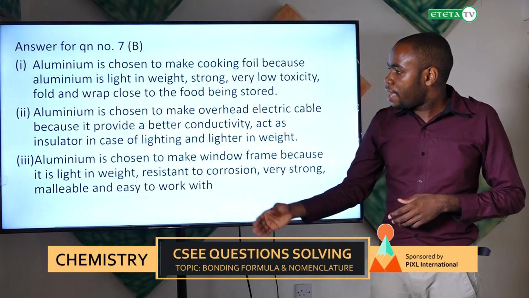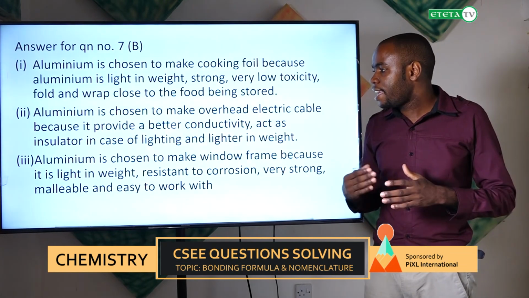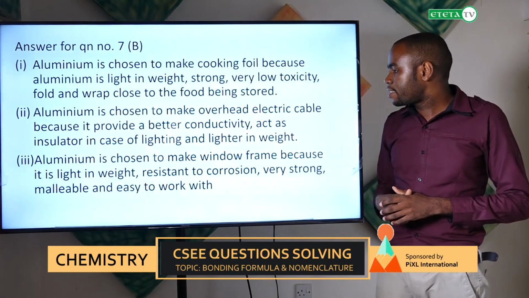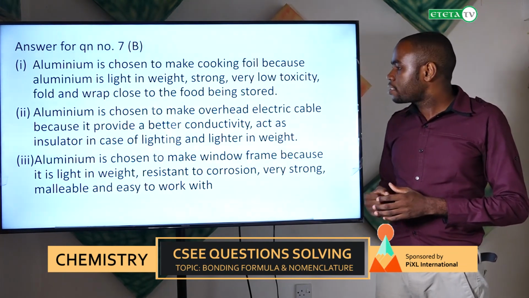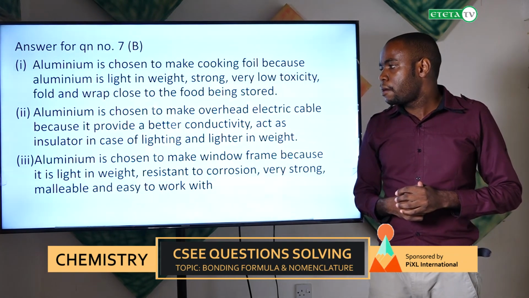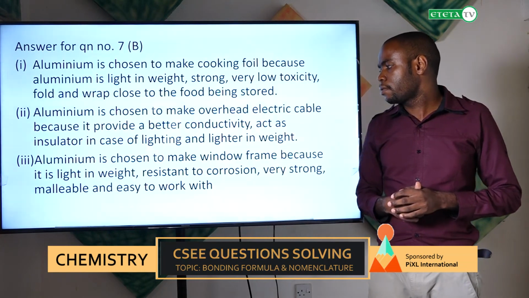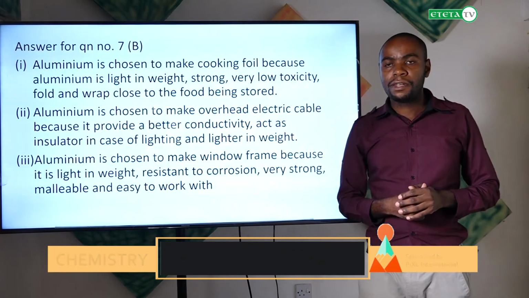Third, aluminium is chosen for making window frames because it is light in weight, resistant to corrosion, very strong, malleable, and easy to work with. So these are the reasons why aluminium is chosen to make window frames.